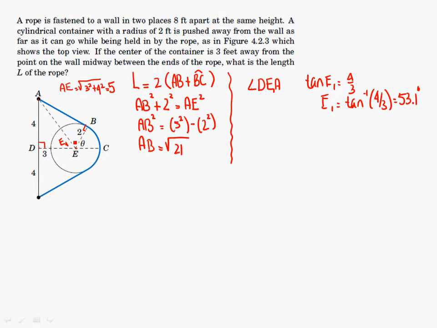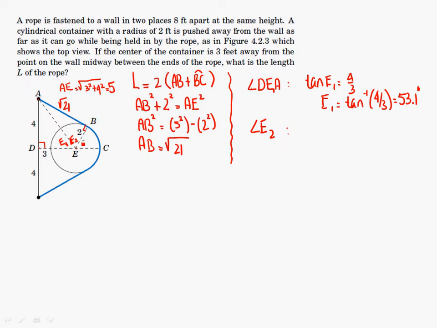So that's another one. How about E2? Can I find out what E2 is? Keep in mind that you have the distance from A to B now. So how do you find that one? I have it labeled now, so I'll just call it angle E2.